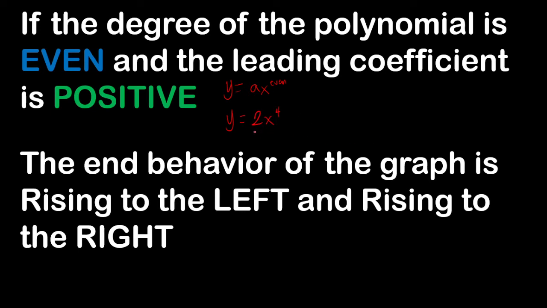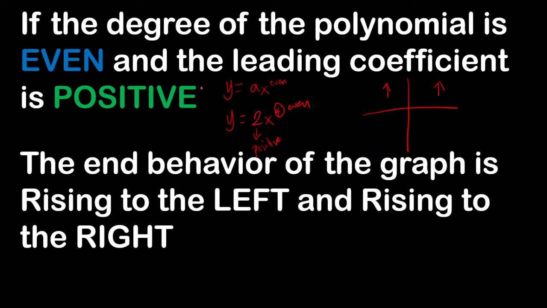Okay? If your leading coefficient is positive and your degree is even, automatically your graph will be rising to the left and rising to the right. So, ganyan na magiging itsura ng graph mo.